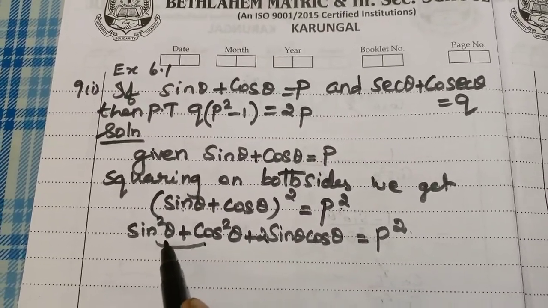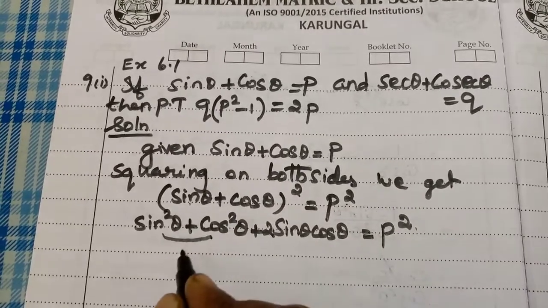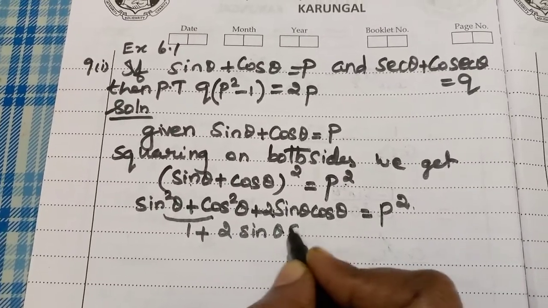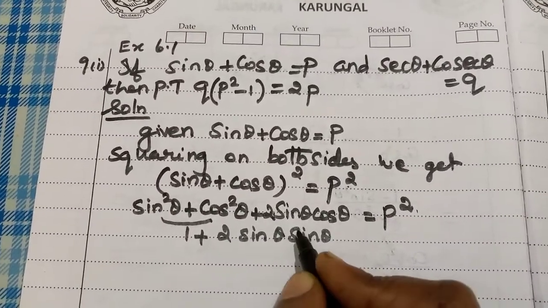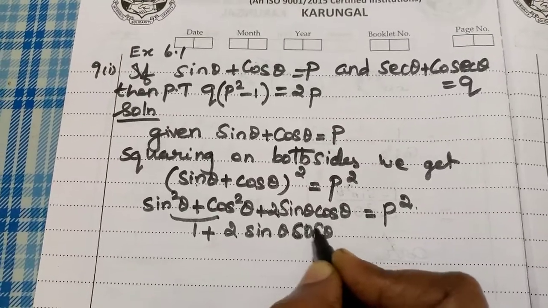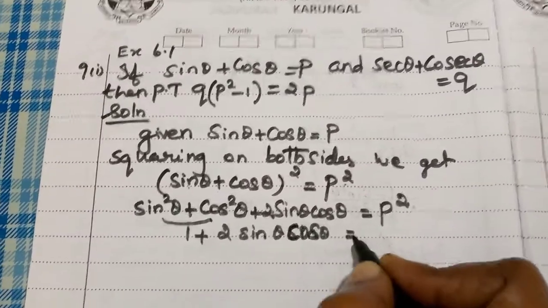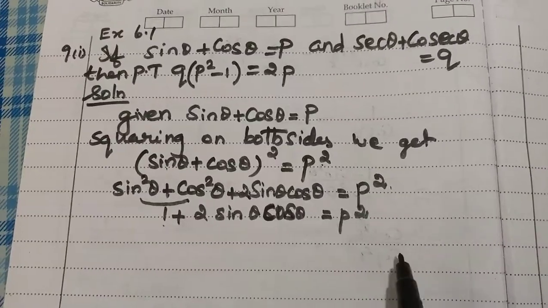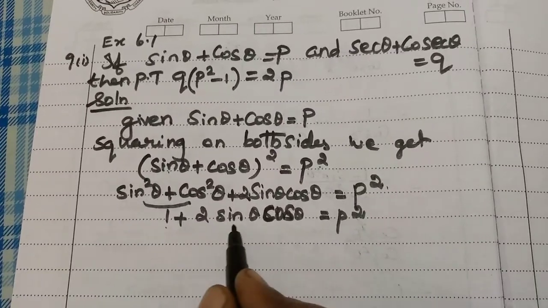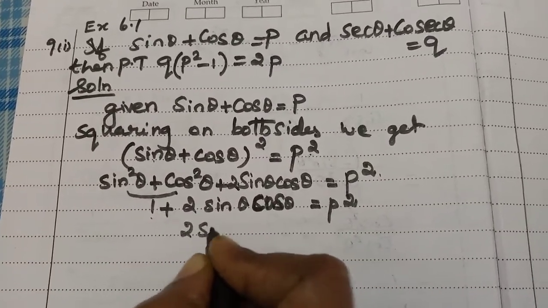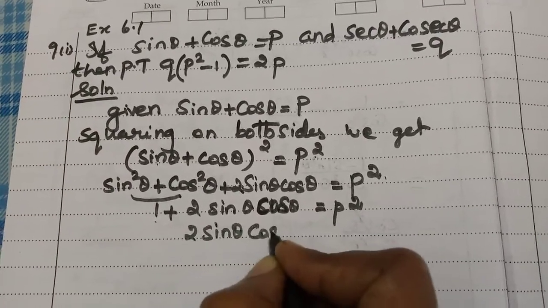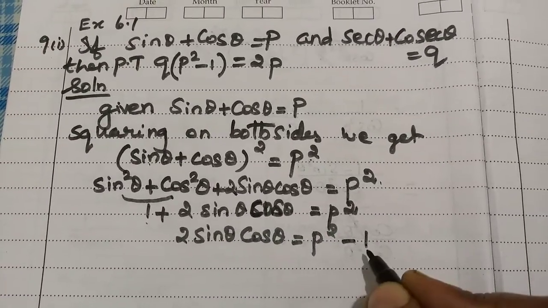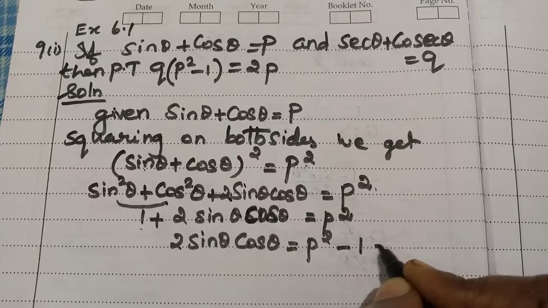So in place of it we can use 1: 1 plus 2 sin theta cos theta equals p square. From here, let's bring this 1 to the right side. So 2 sin theta cos theta equals p square minus 1. Let us take it as equation number 1.